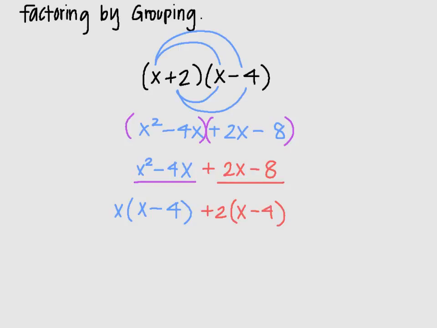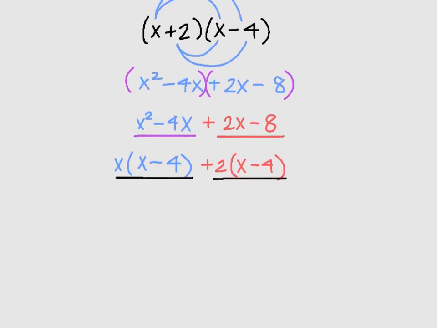And hopefully what you see now is we turned this problem into having just 2 terms. I have the term x times x minus 4, and I have the term 2 times x minus 4. And this just turned into a greatest common factor problem, where both terms in this polynomial have an x minus 4 in common.